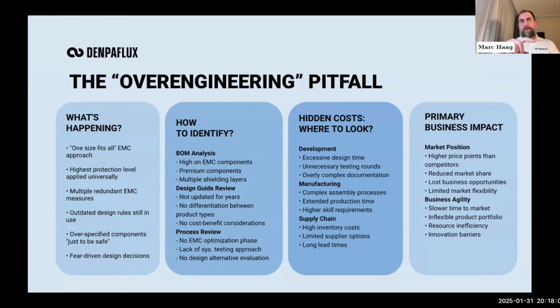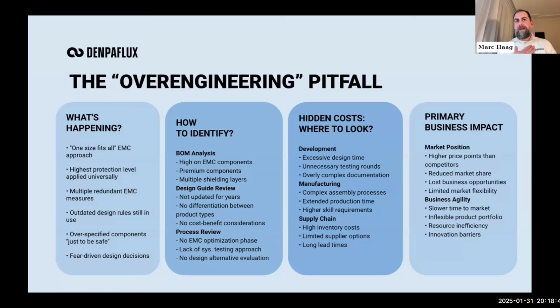The other way around is that you can also do it too early. You say, okay, I don't want to burn my fingers. A lot of teams, what we also experienced, burn their fingers once and then say, now I need to play it safe. And they play it so safe that they over-engineer it and apply the maximum safeguarding strategy for EMC on every product they produce, whether it's the powerful version of the product or the small version.